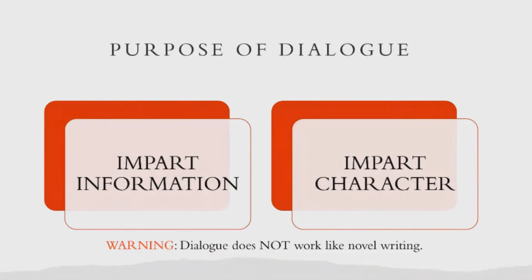And while that is certainly a game style for other types of games where you just have to figure it out on your own, that's not really what Skyrim is about, and that's not really what we do. We want to impart information to the players so that they can continue along their way with some sense of what they're doing. The other purpose of dialogue is to impart character, and this is what builds a world.